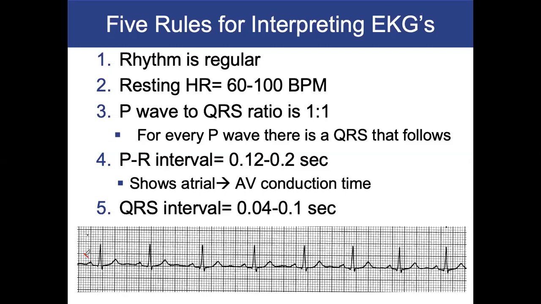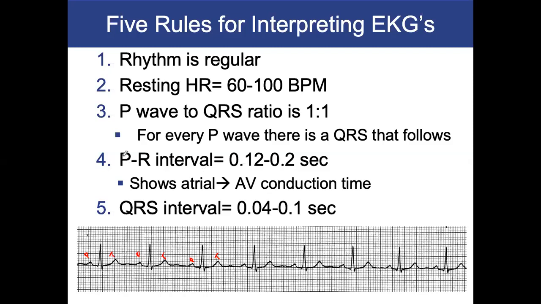Here's your P wave, from here to here. Here's your QRS, and then here's your T. Here's your second P wave, QRS, T. You can tell the T's compared to the P's because P's are always small because they're the atria. The T's are the ventricles, so they're bigger.